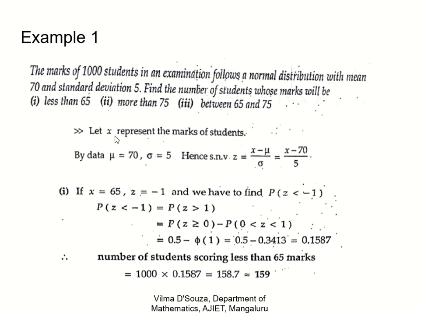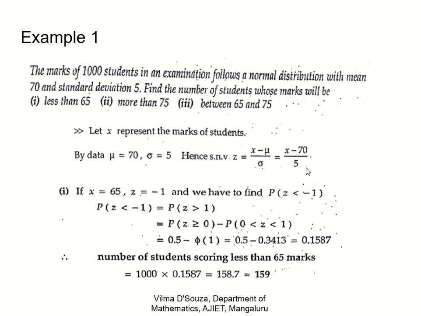Now X is a normal variate, so you have to convert this into Z, the standard normal variate, which follows the standard normal distribution.